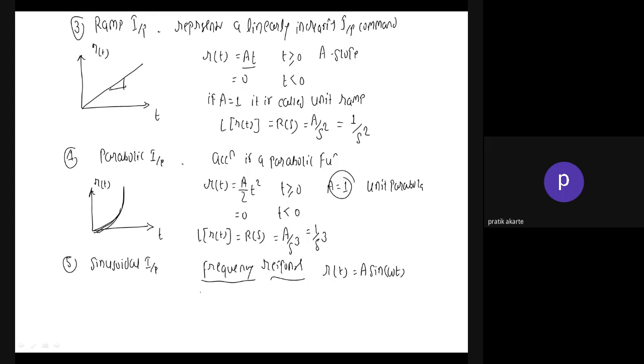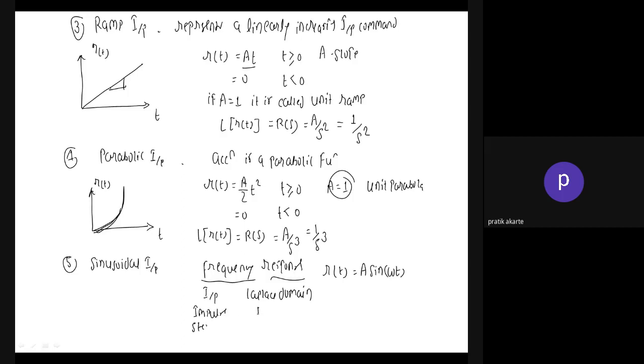Okay, let us summarize for the time response analysis the test inputs that we are going to discuss, in the Laplace domain. The first input is the impulse input, which is 1.